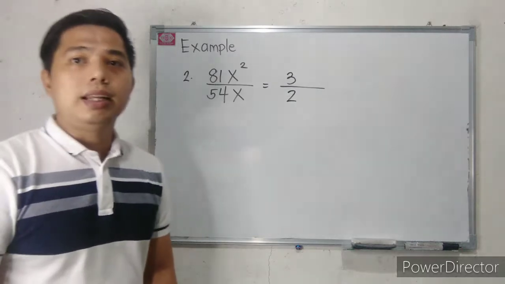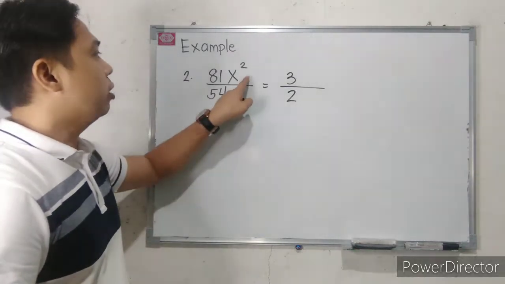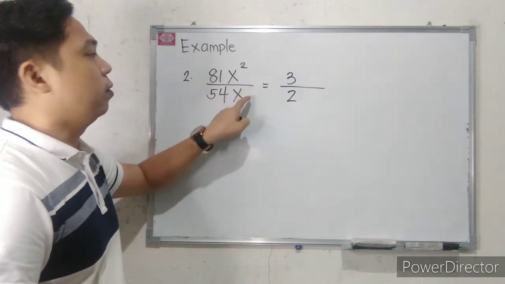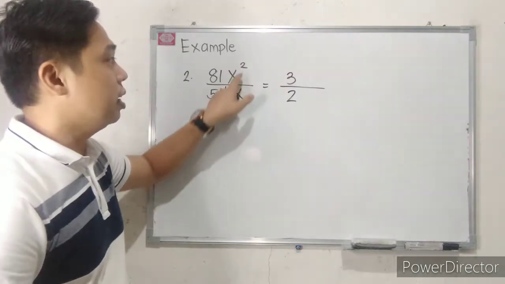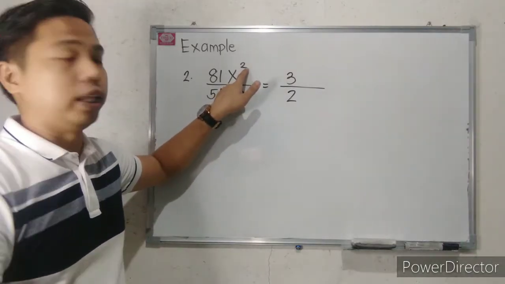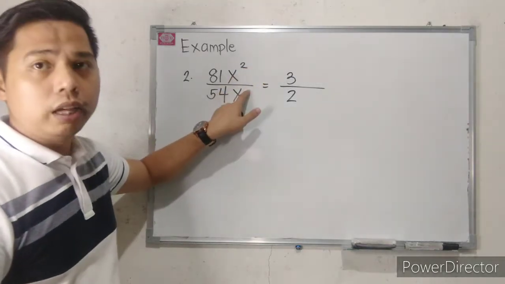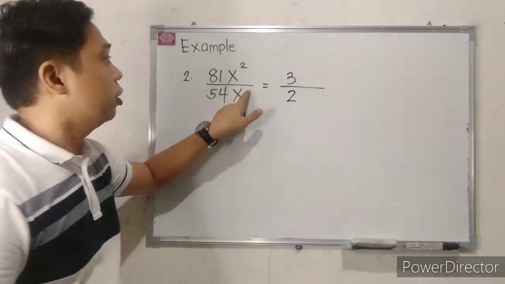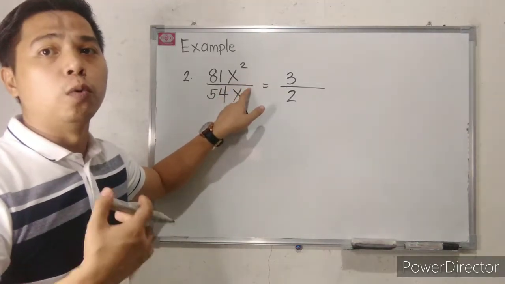Like what we did earlier in example number 1, here we have x squared over x. Having the same base, we just subtract their exponents. So, we have 2 here and 1 as the exponent in our denominator. So, that will be 2 minus 1 is equal to 1.